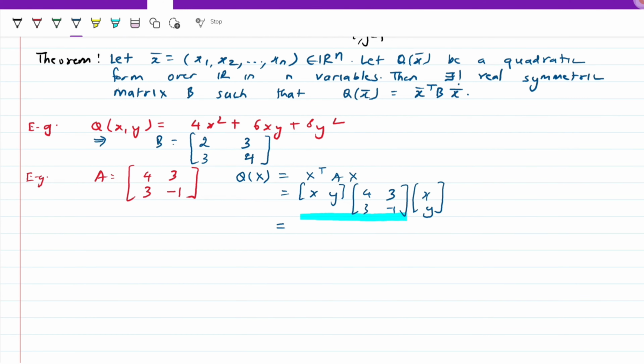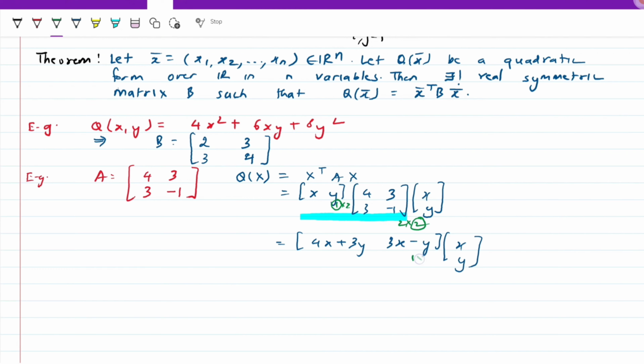Since we have a row matrix whose order is 1 by 2 times a matrix whose order is 2 by 2, the resultant matrix will be another row matrix with order 1 by 2, and that matrix is given as (4x plus 3y, 3x minus y) times (x, y).